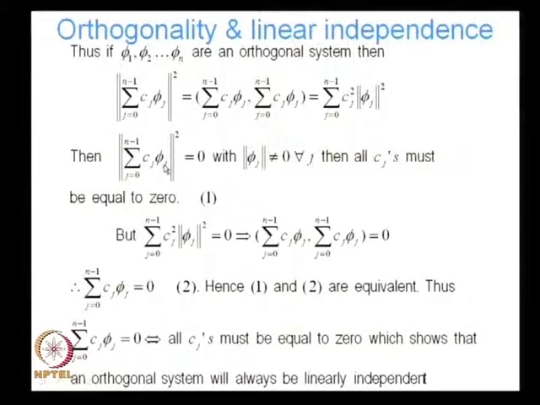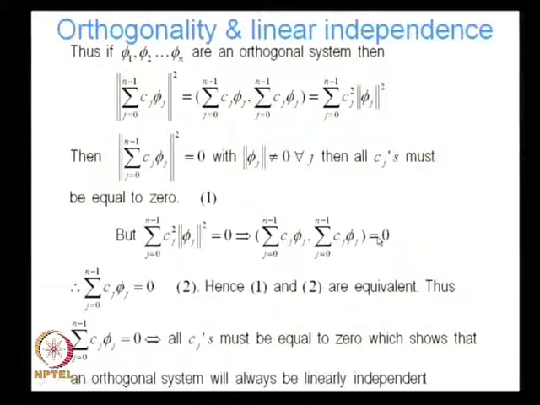So if this is satisfied along with this condition, then all the cj's must be equal to 0. That is one condition. But the sum of cj squared norm of phi j squared equal to 0 implies, again writing this in terms of an inner product, the inner product of sum cj phi j with sum cj phi j equal to 0.